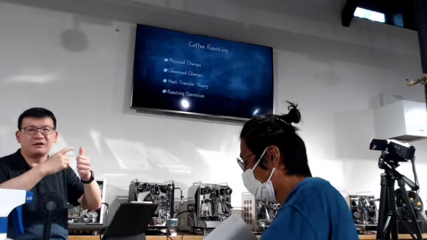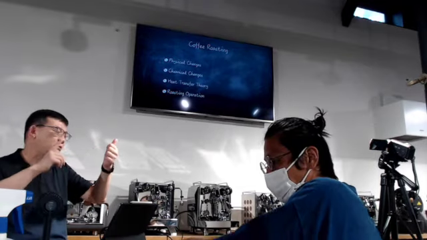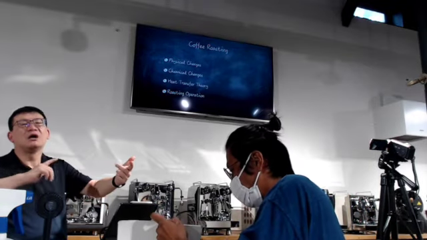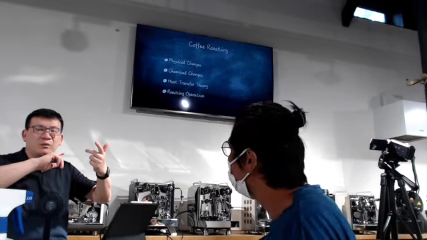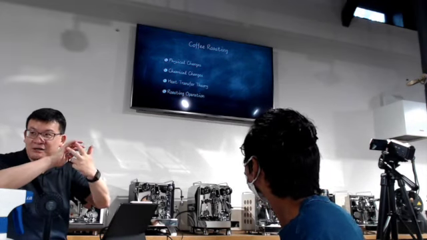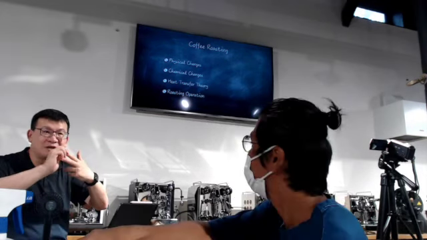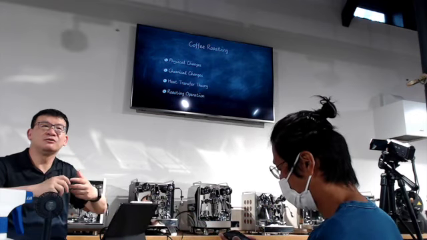Then, based on these three, after we know what happened about the physical change, what happened about the chemical change, and also when we know how to apply the energy to the beans, then we know how to roast.